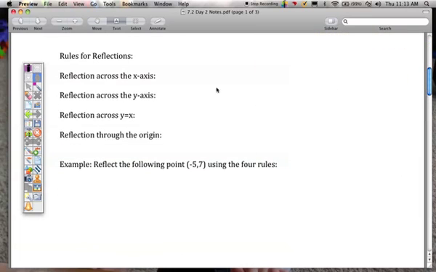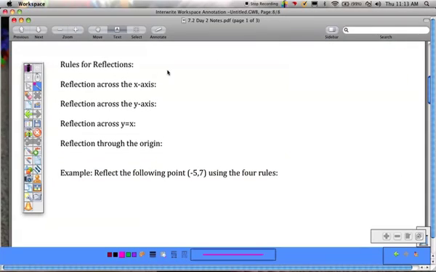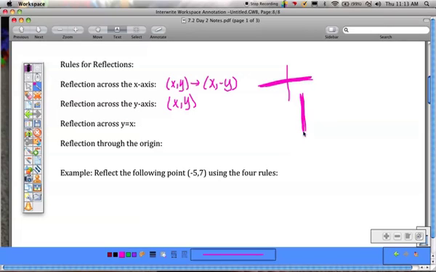So we'll review these. So let's say we have this original point (x, y). If you reflect that across the x-axis, remember the rule is you do the opposite of the y value. That was a reflection across the x-axis, and the x-axis is this line right here. A reflection across the y-axis, this line right here, is almost the same.